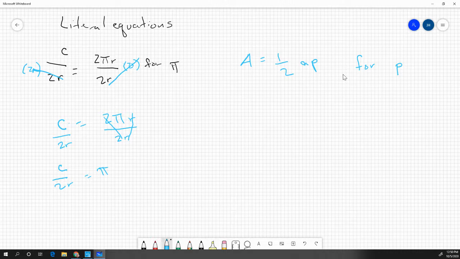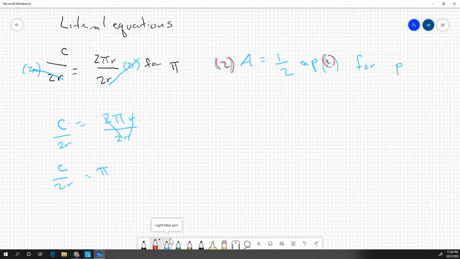The only thing happening here is I have this fraction, this 1/2, so I can multiply times its opposite. If I multiply 1/2 times 2, that's just 1. So I'm going to multiply both sides by 2. Good form would have been for me to use a different color. So we'll go over it, and you can see red over top of it, so you can see it's something I did after the fact.